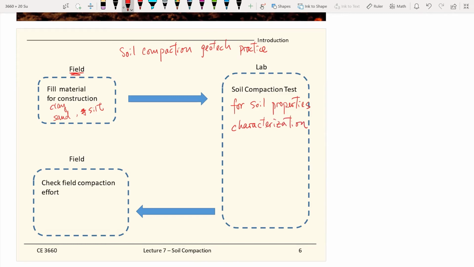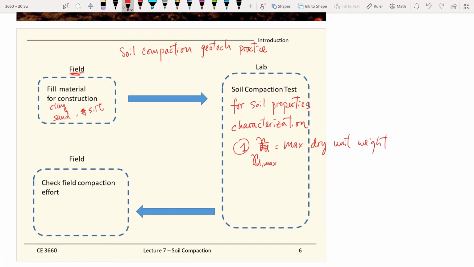What you need is two parameters. First is gamma d, the maximum dry unit weight. The gamma stands for the unit weight, and the d stands for dry conditions. To be more precise, it should be gamma d max, which means the maximum dry unit weight.